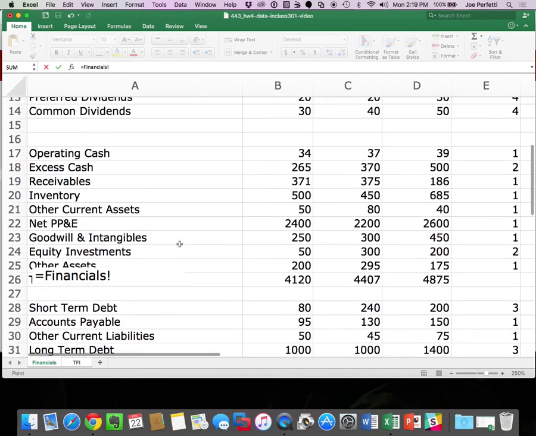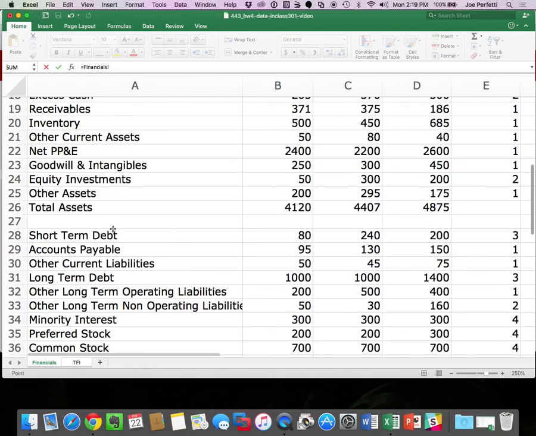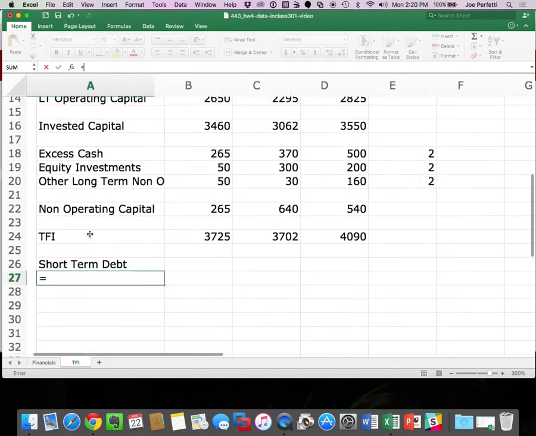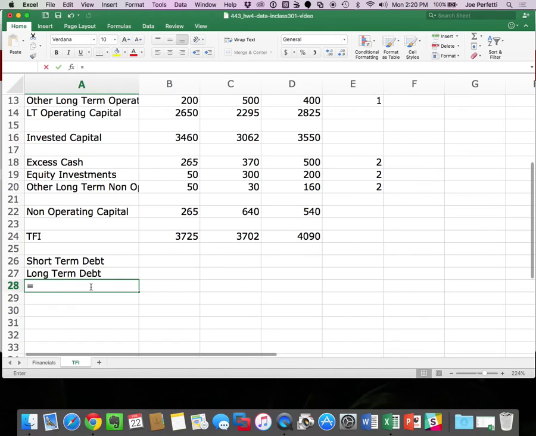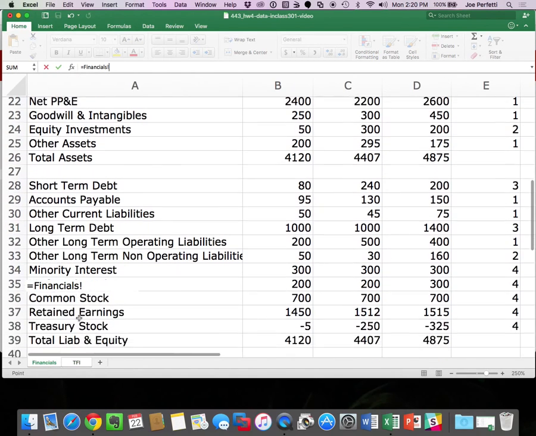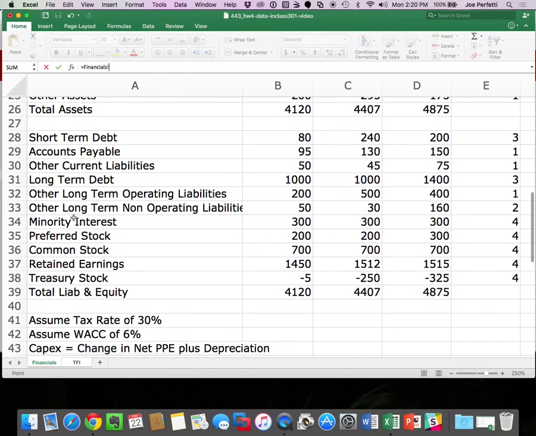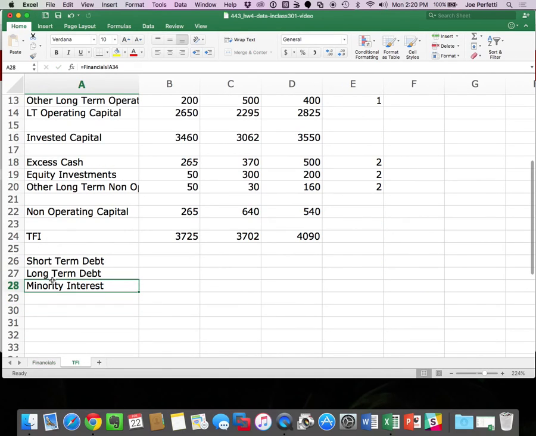Anything that's a 3, debt off the balance sheet, short-term debt, long-term debt, anything that's a 4, minority interest all the way through treasury stock.